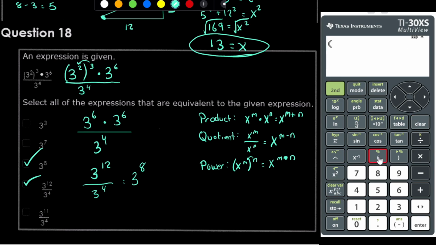So, here's another way you could do it. If you want to do it this way, you have to be very, very careful. So you're going to do 3 squared raised to the third, times 3 to the 6, all divided by 3 to the 4. I actually haven't even tried this in the calculator yet, so I'm not sure if this will work. We're going to find out together. Oh, nope, would not work.